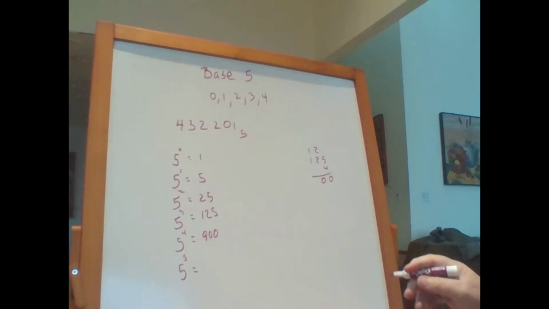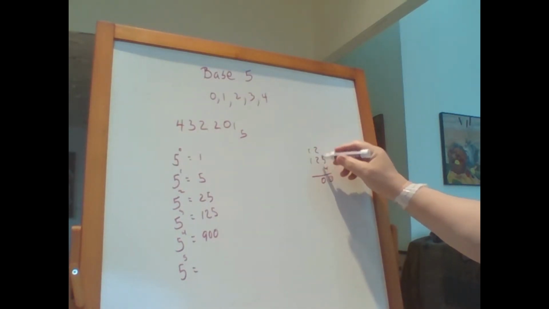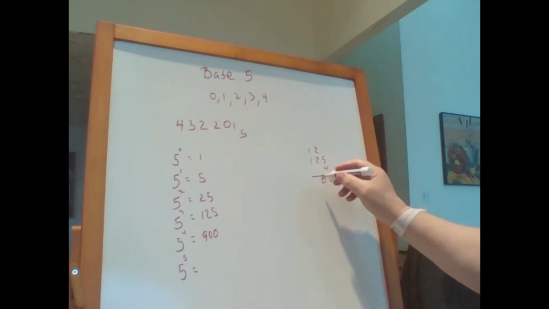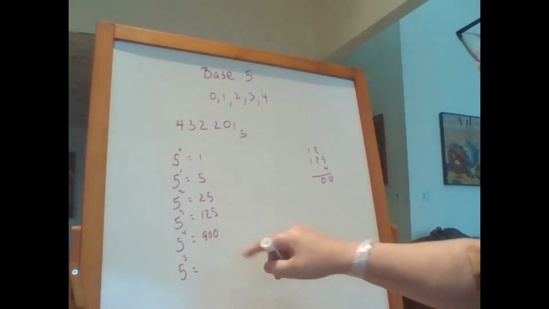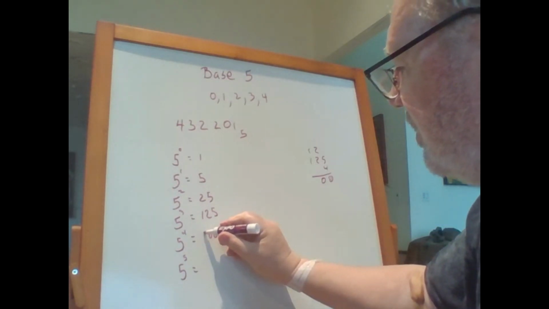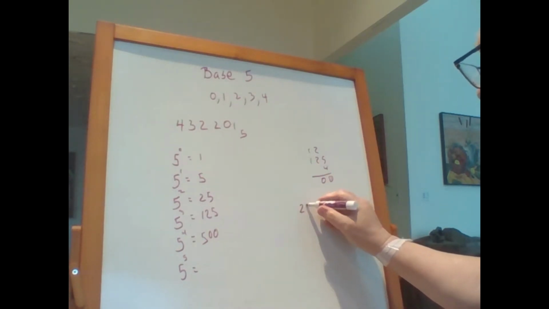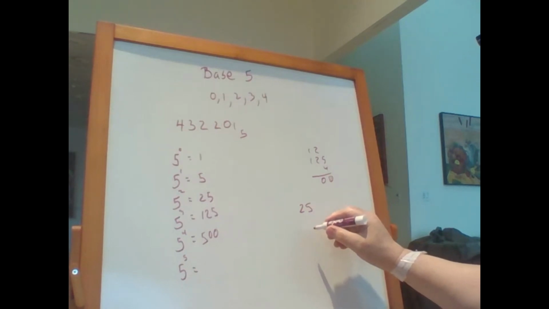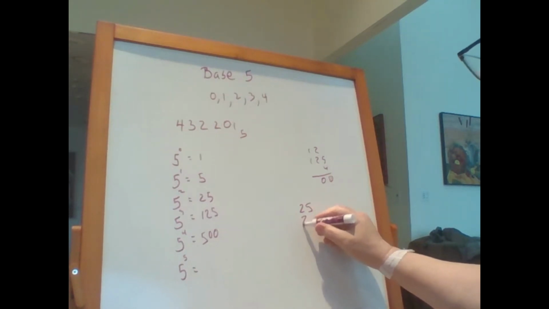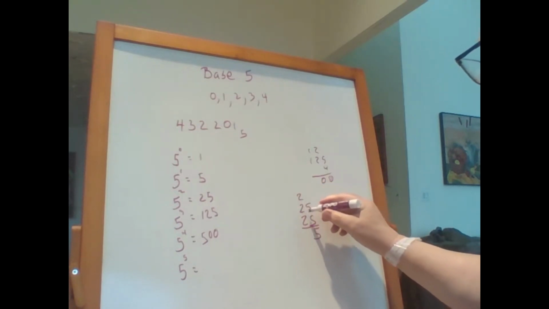I just want to double check it. 5 to the fourth is 25 times 25.